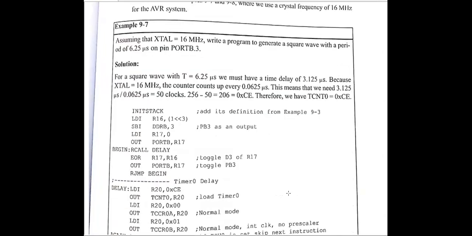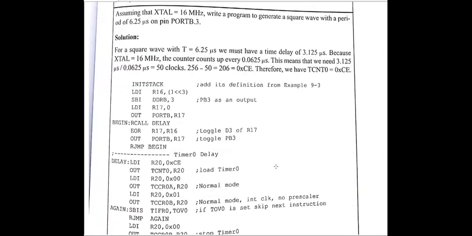Next we have example 9.7. Assuming an external crystal at 16 megahertz, the program will generate a square wave with a period of 6.25 microseconds on pin 3 of the port. So for a square wave with T equal to 6.25 microseconds, we must have a time delay of 3.125 microseconds because XTAL is 16 megahertz.